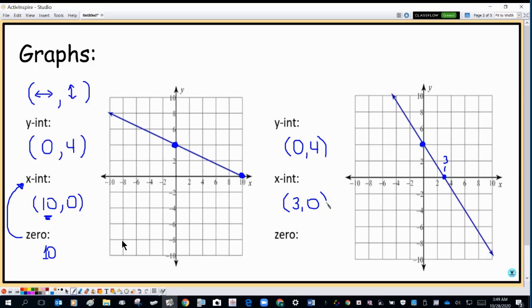And it's going to be (3, 0), because I went 3 to the right and I stayed there. And then for the zero, remember, it's just the first number right there, so it'll be 3. Okay, very well. So this is finding the key features from a graph. These are the key features that we're going to find: y-intercept, x-intercept, and zero.